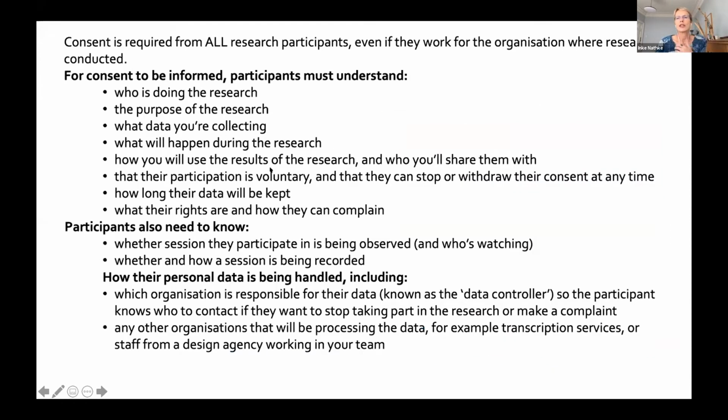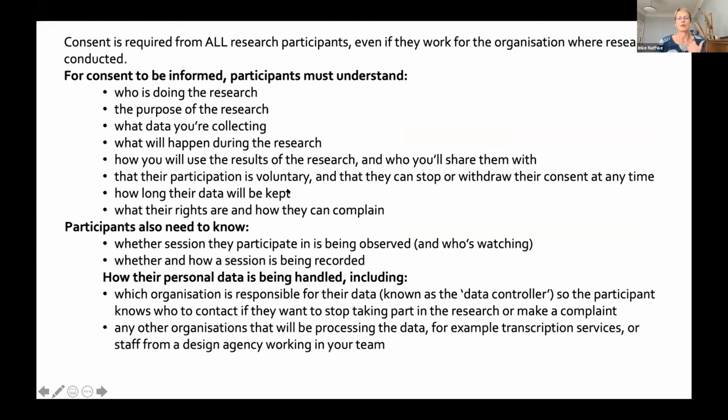Most of this is reiterated, but I think it's really important that consent doesn't just include understanding all these things: what kind of data we're collecting, what will happen, how we are going to use the results of the research we do, how we share them, and what we are going to do with the data.